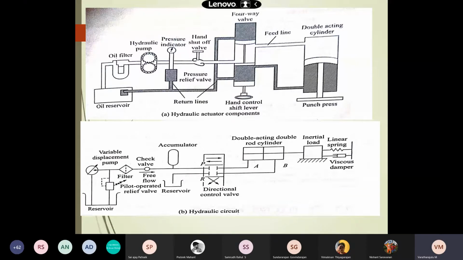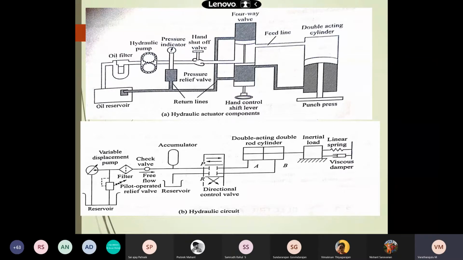Concerning the hydraulic pump, in an actual hydraulic system, a pump converts mechanical power into fluid power. The intake of the pump is connected to a liquid source, usually called a tank or a reservoir. Here we have the reservoir, then the oil filter, then the hydraulic pump, then the control valves. The flow of pressurized liquid discharged by the pump is controlled by the valves.